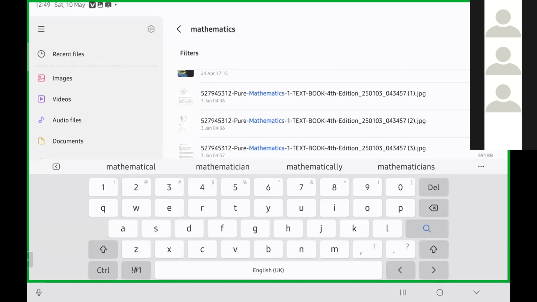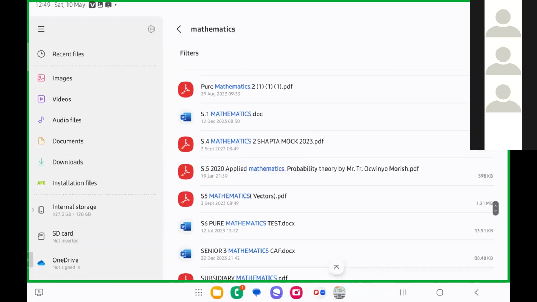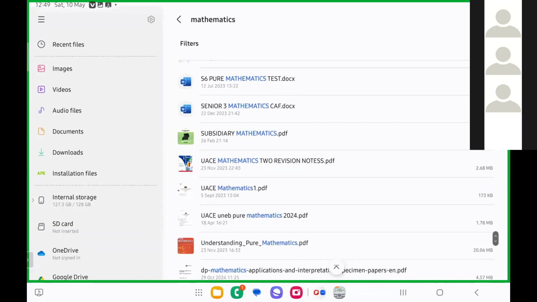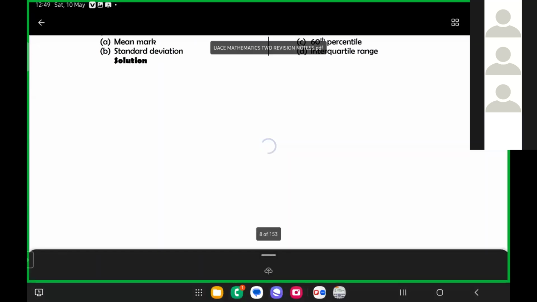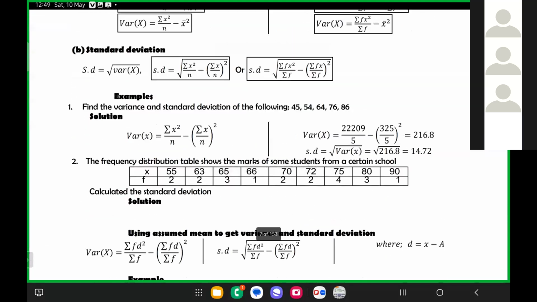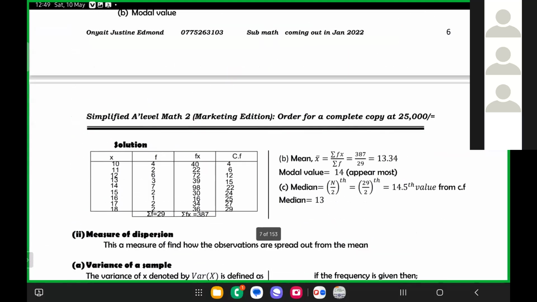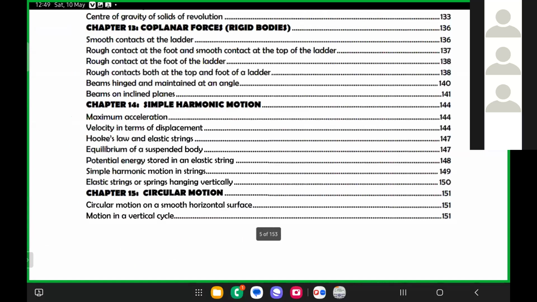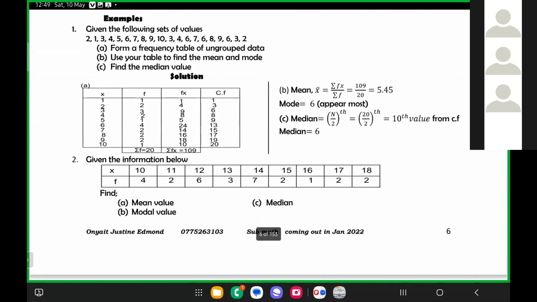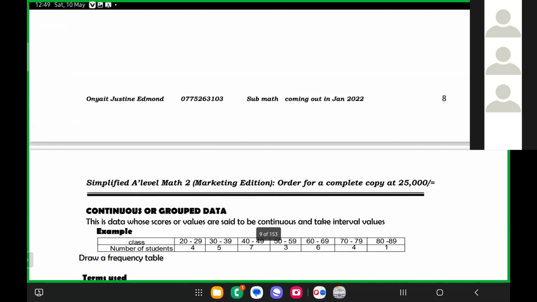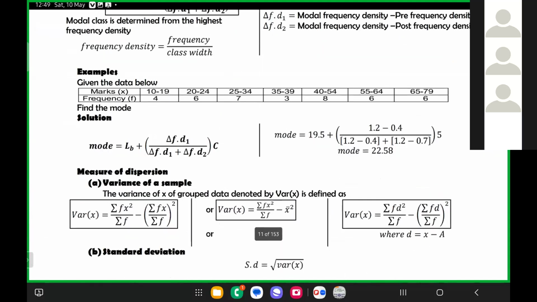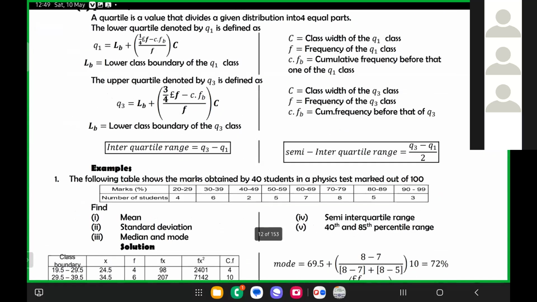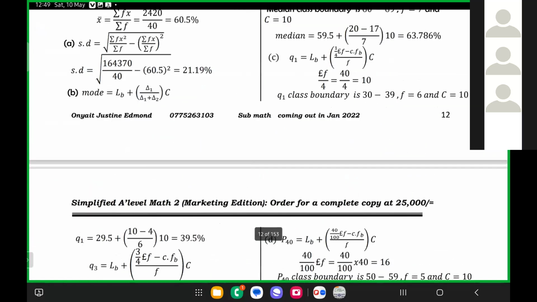I just wanted maybe to add on to what you're saying to Matty. In the example that we have, these boundaries, you realize that there is continuity because the upper limit of the previous class becomes the lower boundary for the next class.